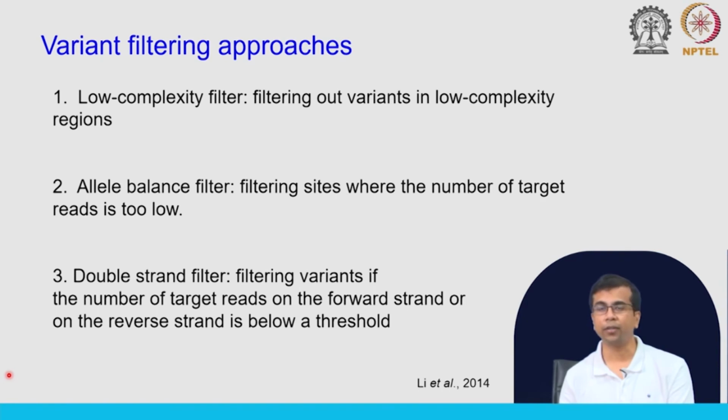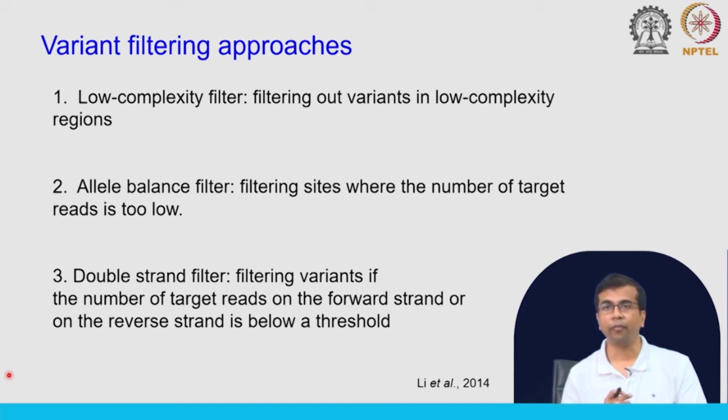The third one is the double strand filter. It means we filter out variants if the number of target reads on the forward strand or on the reverse strand is below a threshold. As we mentioned in the general approach, when identifying a variant, we want this variant to be present in the reads mapping to the forward strand as well as in the reads mapping to the reverse strand.